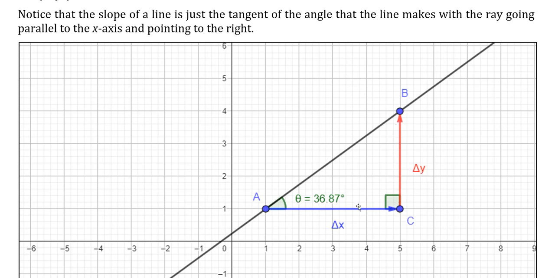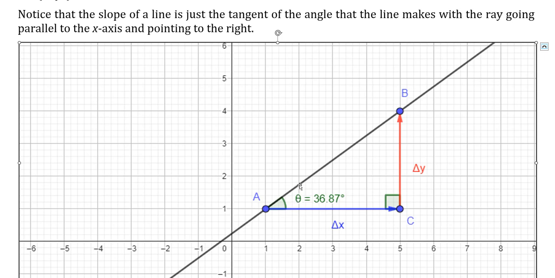So the slope is delta y over delta x, 3 over 4. You can actually see that 3/4 as a vertical distance from this point up, because when you go to the right one, the vertical change is the delta y, which is also the slope. So 3/4 would be the length from right here to right here.